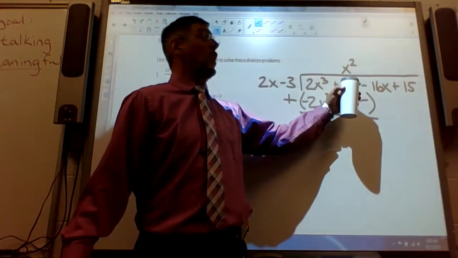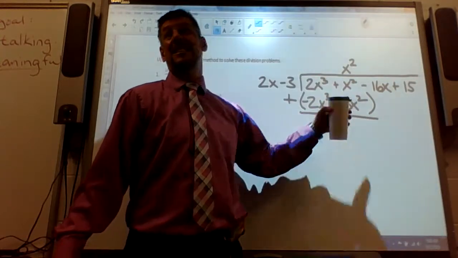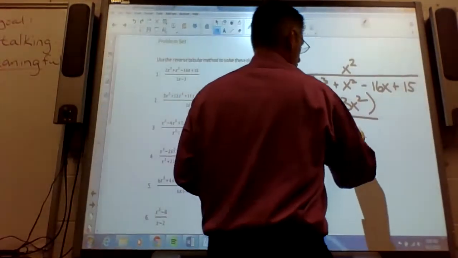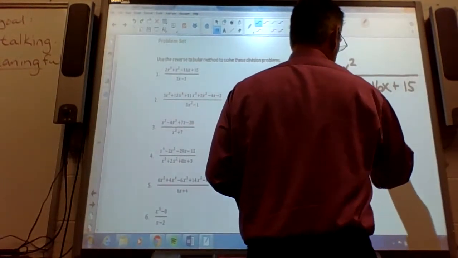I got x squared plus 3x squared. You see how I got 3? Each finger is an x squared, right? I got 3 of them. I'm adding 1. How many x squareds do I have? 4x squared.